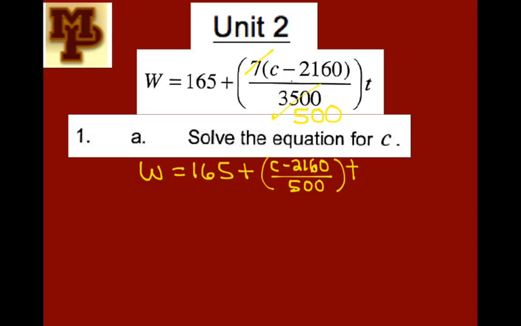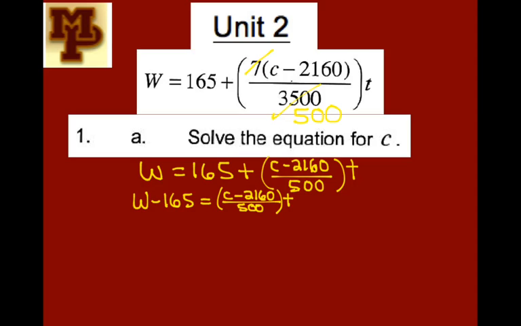Trying to get the C by itself, so of course I'll have to subtract the 165 from each side. So that would be W minus 165 equals, and on the right we have C minus 2160 divided by 500, and then we have the T on the outside. I think I'll do two steps in one here.